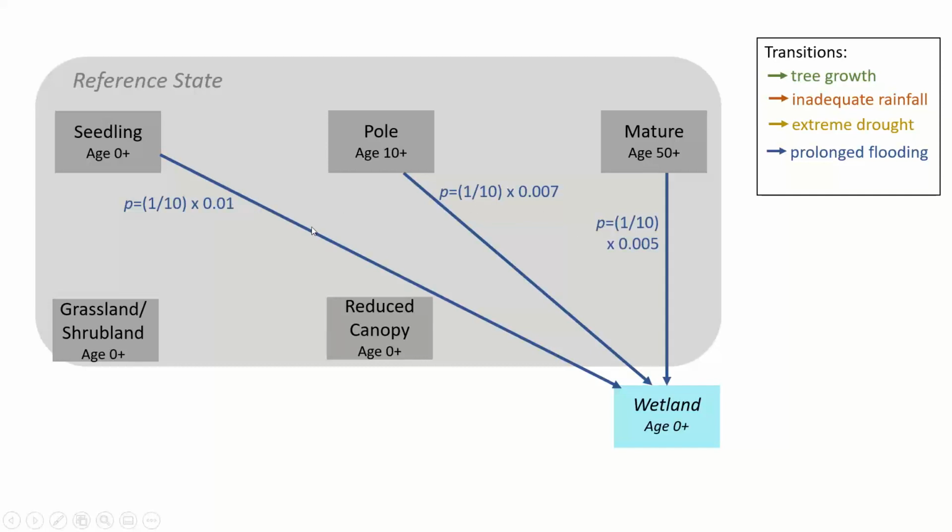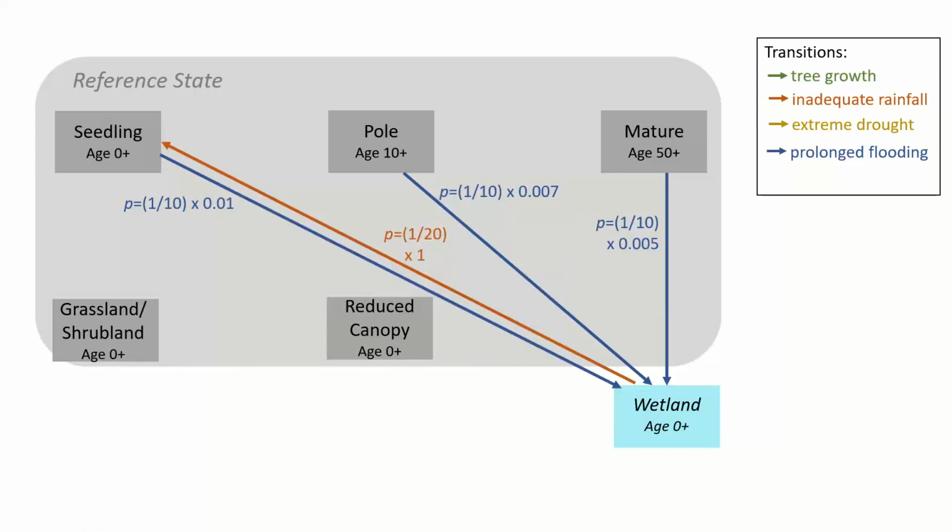But this was the probability that you would transition into a wetland. So this is a case where we're modeling a transition from one expression in one state into a different state. Eventually we would have to define what expression it moved to in this other state, but the model I'm showing you here today doesn't actually build out the wetland dynamics.